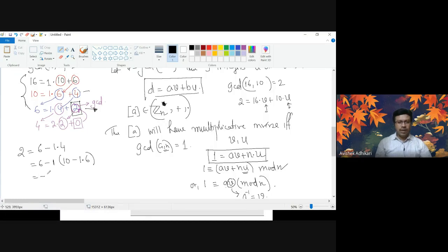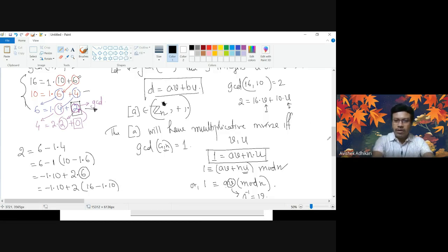That means minus 1 into 10 plus 2 into 6. You can always check: minus 10 plus 12 is 2. Same. Now I will replace this 6 by 16 minus 1 into 10, so minus 1 into 10 plus 2 into 6 becomes 2 into 16 minus 1 into 10 terms.